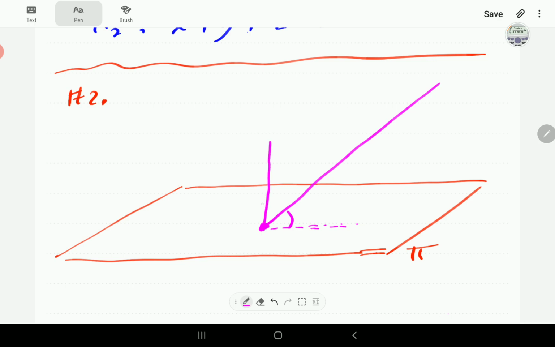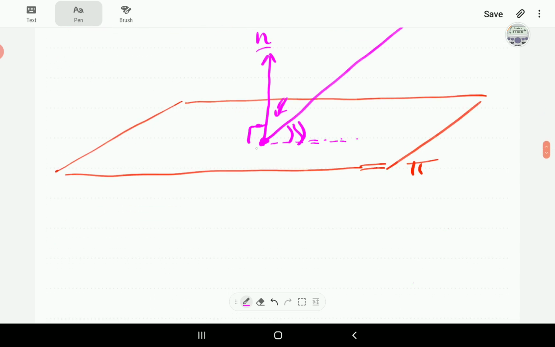So if this is the normal of the plane, so this is 90 degrees, the angle we're interested in is this one here, but we are going to calculate this one, and then if we know this one, we can get this one by subtracting from 90.